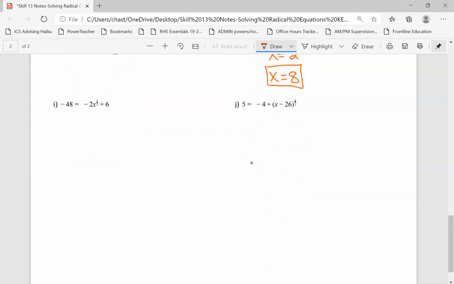All right, last two. We're going to subtract 6 from both sides here first to isolate the part with the exponent. Negative 48 minus 6 is negative 54. Divide both sides by negative 2, and we get positive 27 equals x to the 3/2.